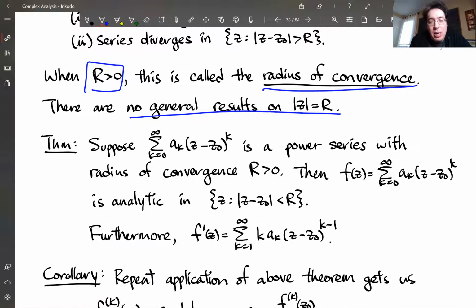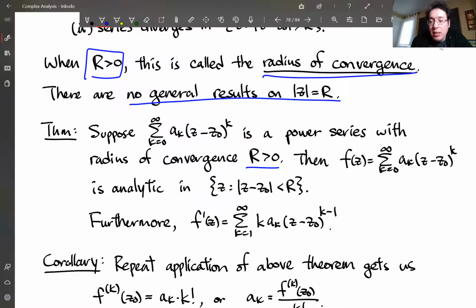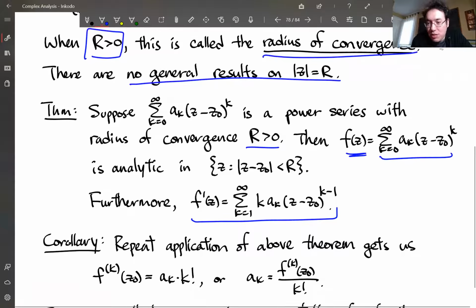All right. So let's say you have a power series with some radius of convergence r greater than 0. Then looking at this power series as a function of z, it is analytic. And not only is it analytic, you can write down what the derivative should be. The derivative is exactly equal to this expression. So you're taking the derivative term by term by using the power rule.